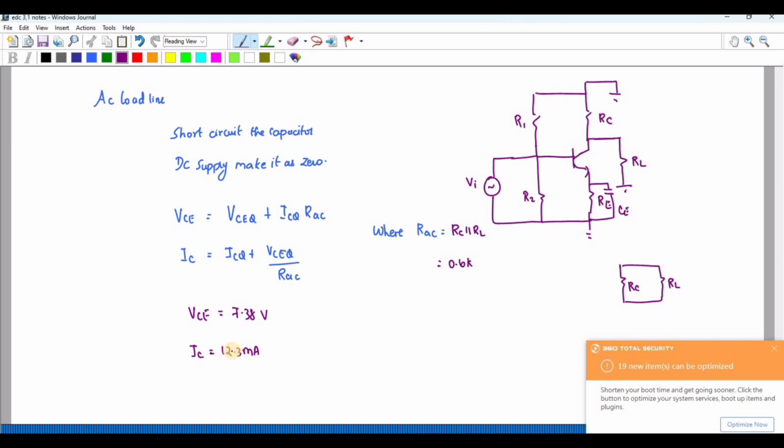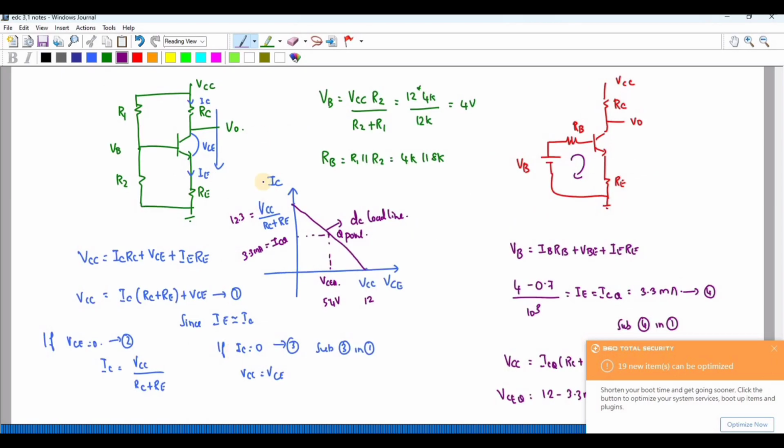So if I draw this one, sorry, this one is 6. So if I draw this, I will get the AC load line, which will pass through this Q point only. So this is your AC load line.